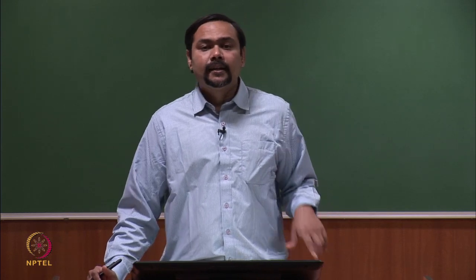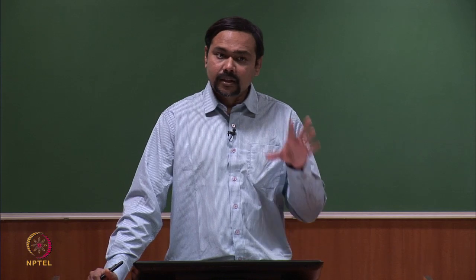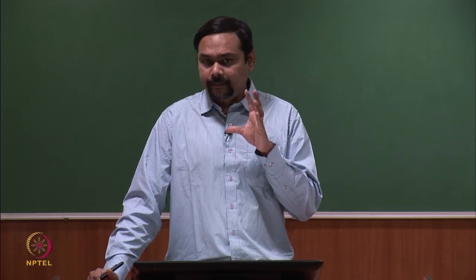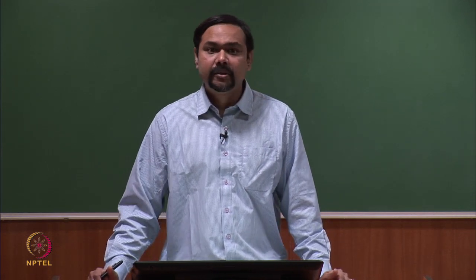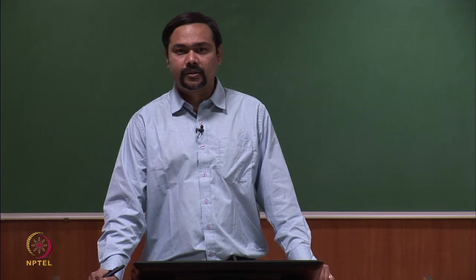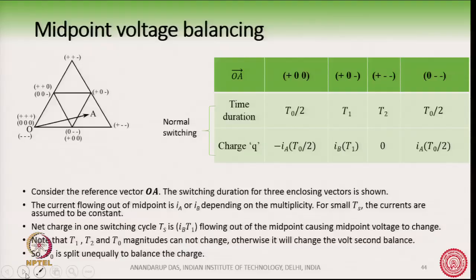Remember that in MMC, which we had studied earlier, the size of the capacitor is much more than that of an NPC, maybe 3, 4 or maybe 6, 7 times. The reason why NPC has lesser capacitance is because we have multiplicities in the switching states.